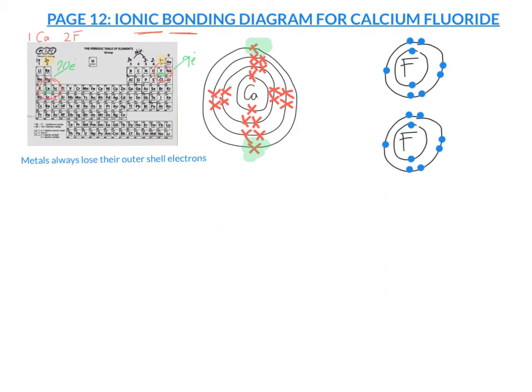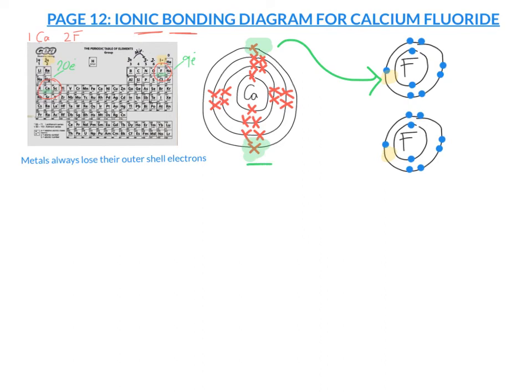Now, if you look at the fluorines, you'll see that there is only space for 1 electron each. So say I only had 1 fluorine. What would happen is this outer electron from calcium would move over to there, okay? And that would fill fluorine, and fluorine would no longer want to have any more. So the second outer electron for calcium would have nowhere to go.